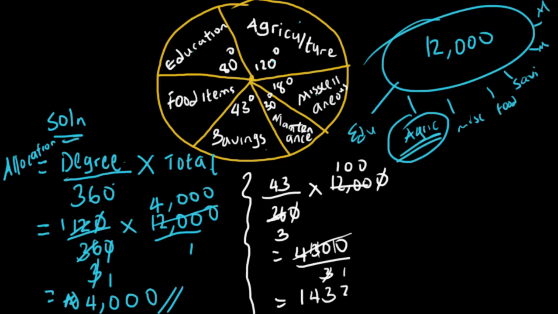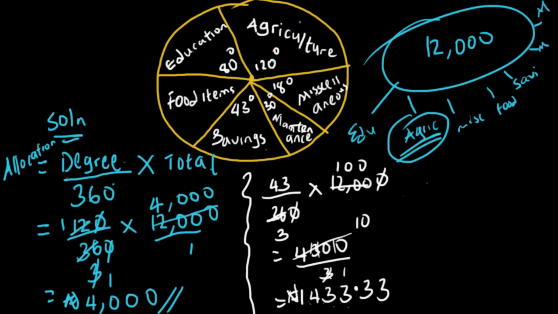I put points, I add 0. 3 in 10 is 3, so it just keeps going. So it means that the amount allocated to savings is 1,433 naira and 3 kobo.